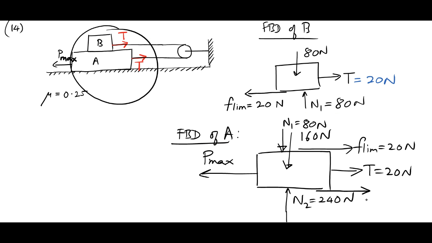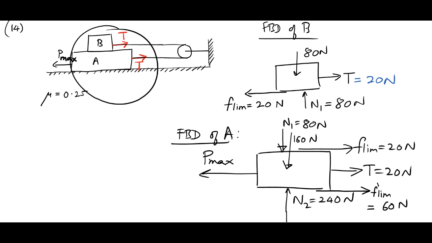It's limiting frictional force, so F dash limiting, let's call it, and that's mu times normal reaction. So once again 0.25 is the value of mu. The normal reaction is 240 newtons, so that's going to be 60 newtons. F dash limiting is 60 newtons.